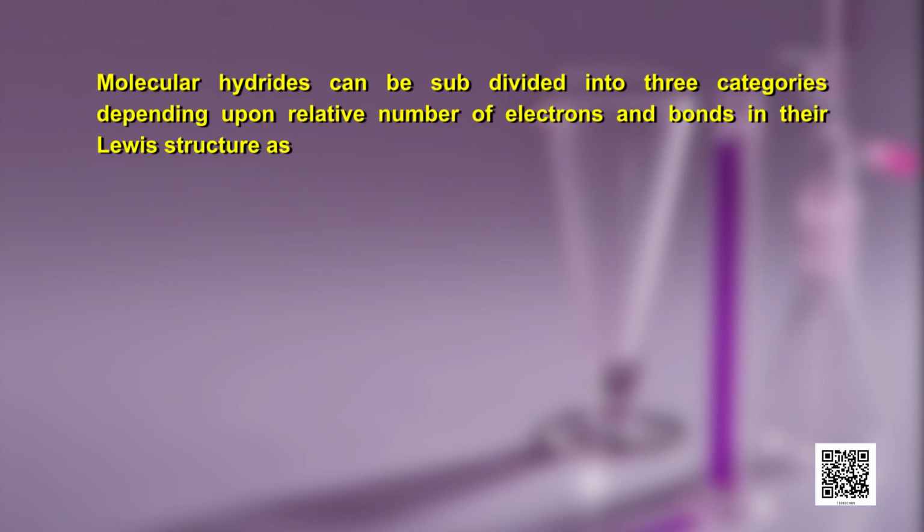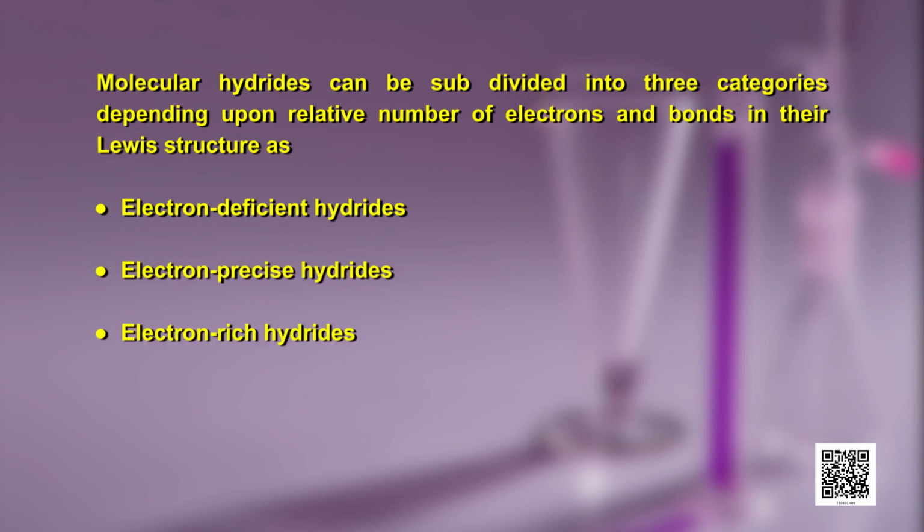Molecular hydrides can be subdivided into 3 categories depending upon the relative number of electrons and bonds in their Lewis structure as electron deficient, electron precise and electron rich hydrides.